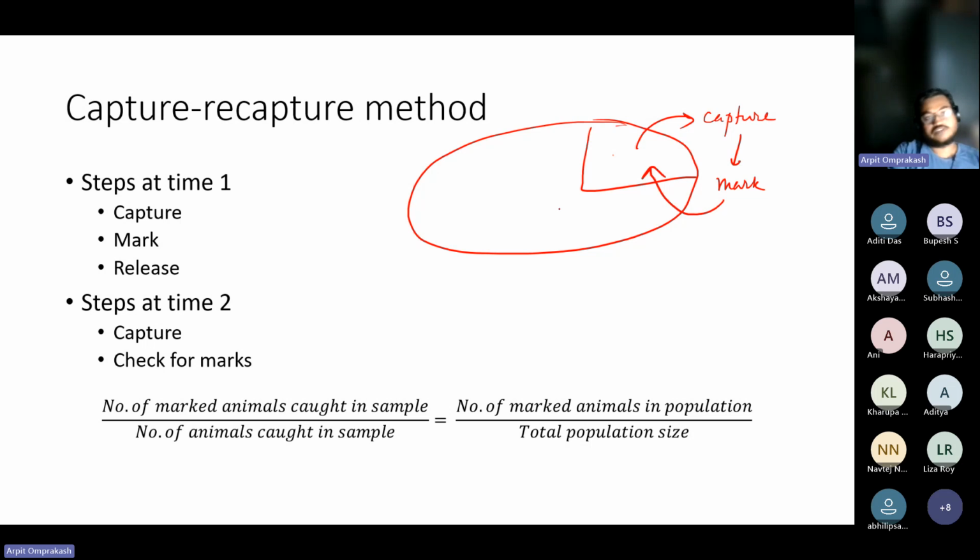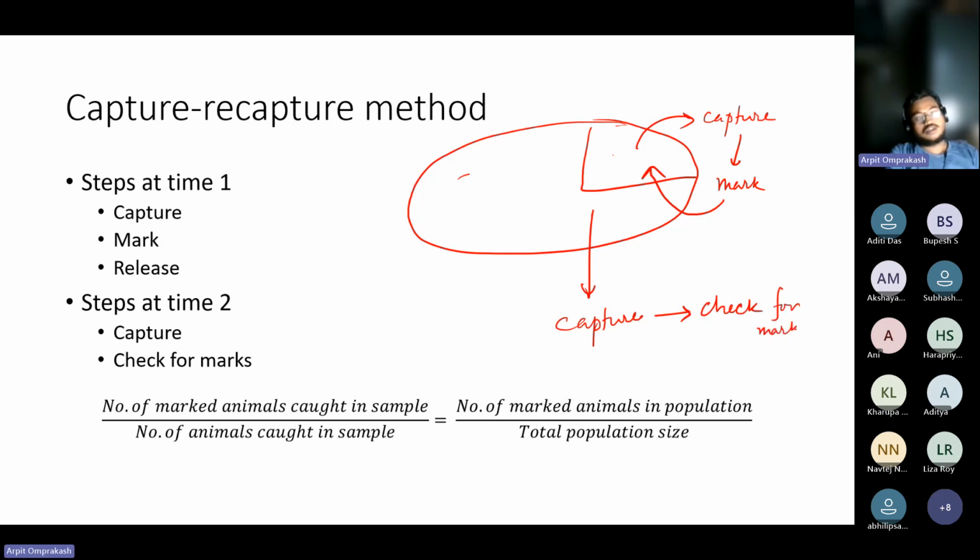Then you give enough time for the population to intermix, so the lizards are mixing and going around here and there. And the second time, you go again and capture individuals. And now you just check for marks.